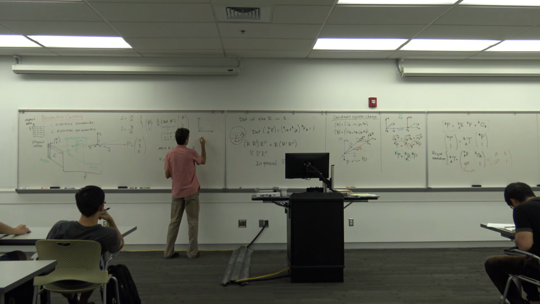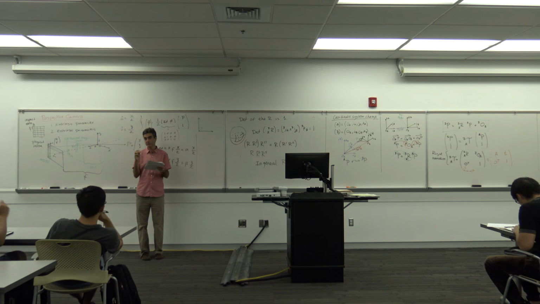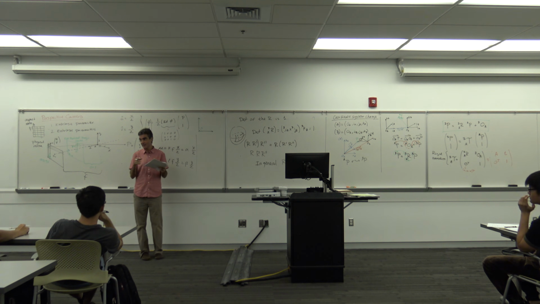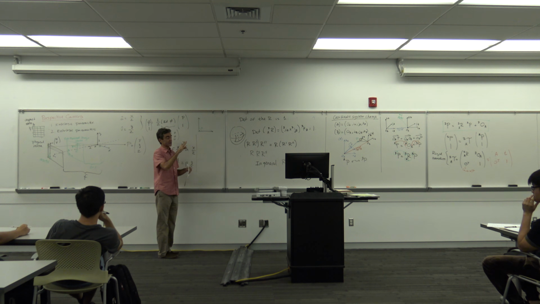Now, this we can rewrite. Do you want me to go over all the equations, or can I just point you to the book? They're very long, but it doesn't matter.